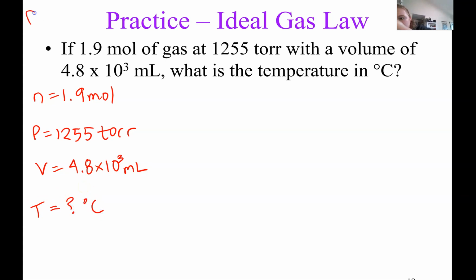So if we think about our ideal gas law, PV equals nRT, we know pressure, we know volume, we know N, we know R because it's a constant. We're missing that temperature. So we have all of the variables except for one. We do need to do a little bit of converting. I need to change my pressure into atmospheres. So 1 atmosphere is 760 torr.